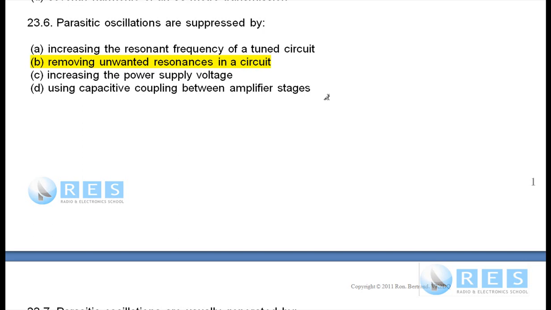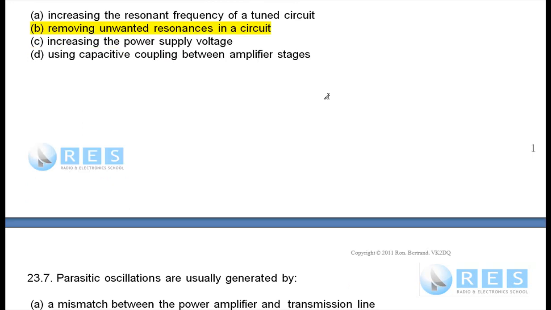If he's got a parasitic and he knows the frequency of the parasitic, and he usually does because other radio amateurs have told him, he would then turn the transmitter off, take the covers off, use a dip oscillator, move it around until he got a dip on that frequency, and then he would know where the unwanted resonant circuit was. That's not a need to know, just something of interest for you there.